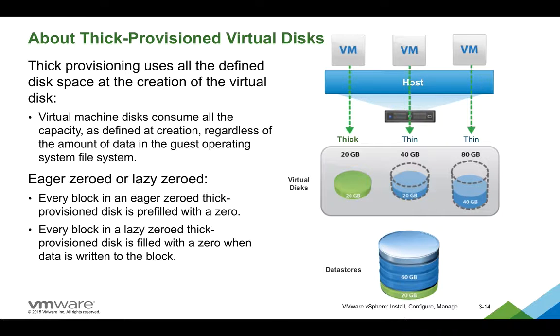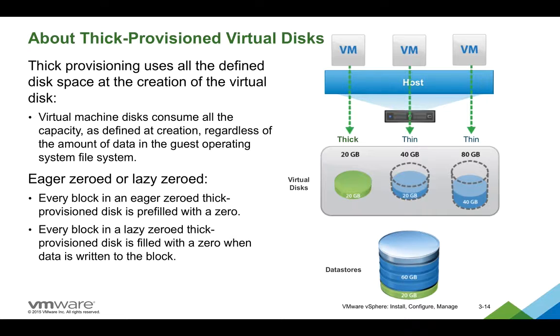And on a lazy zeroed thick provisioned disk, it's only filled with the zeros when the data is written to the block, meaning that it acts like a thin provisioned disk initially, but as data is written to it over time, it's going to continue to write zeros on the blocks to fill them up.